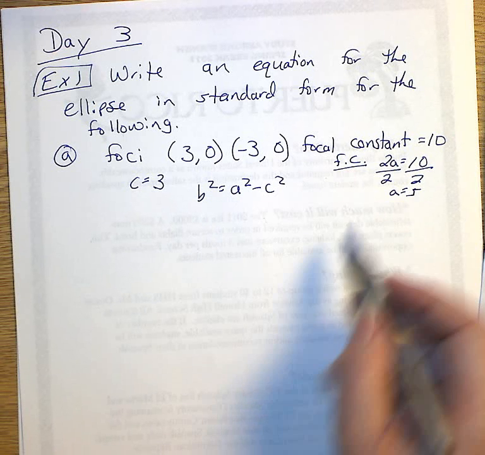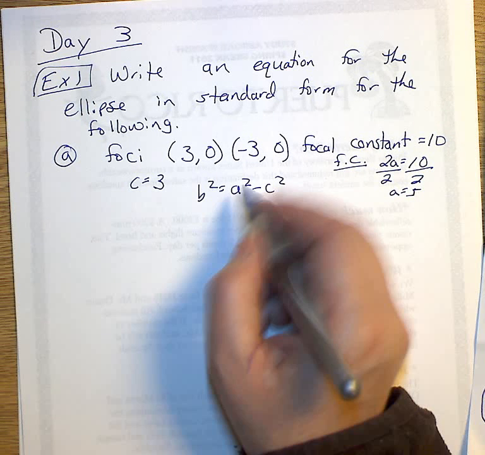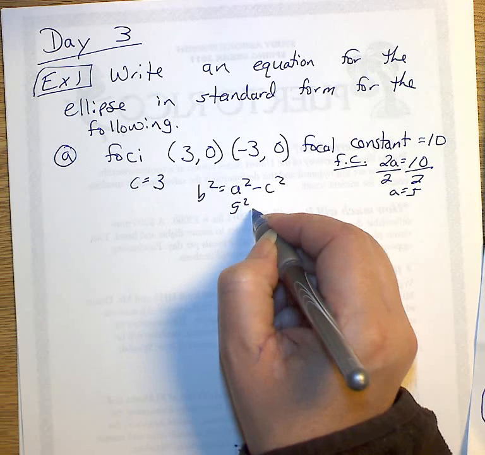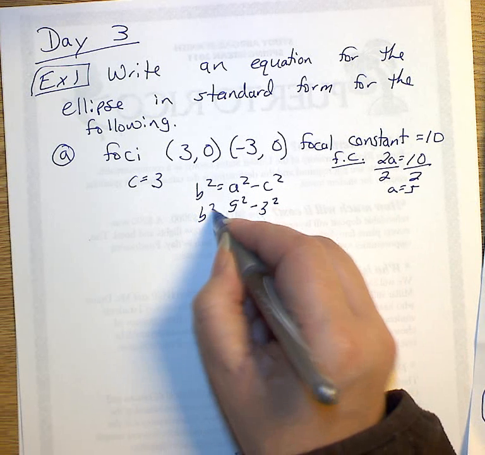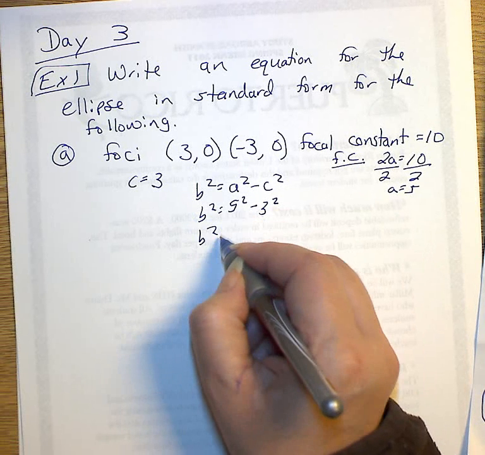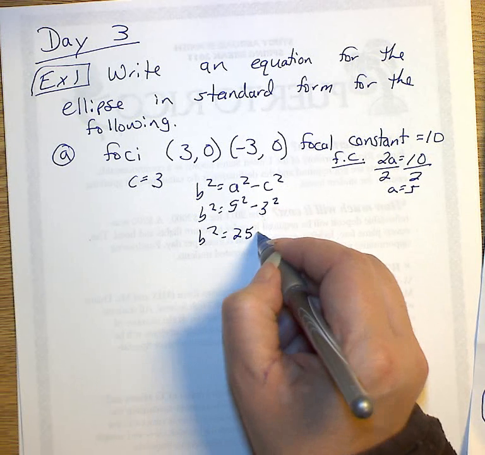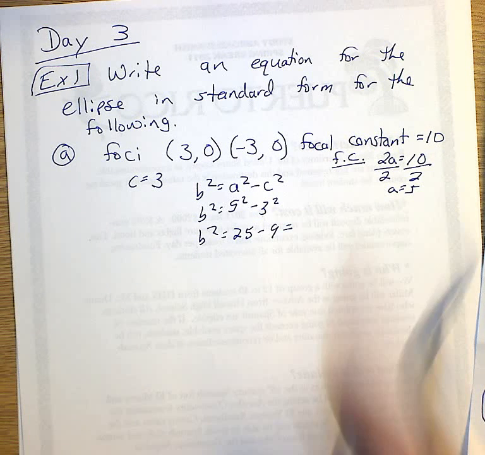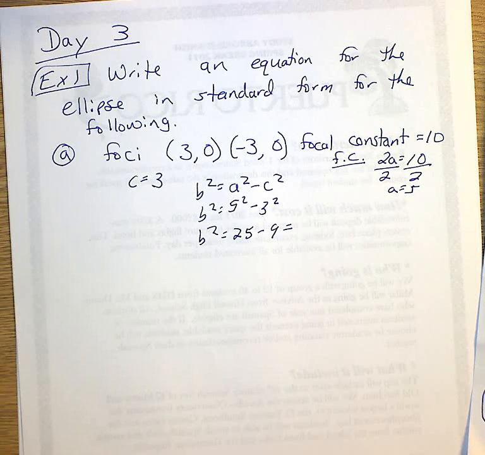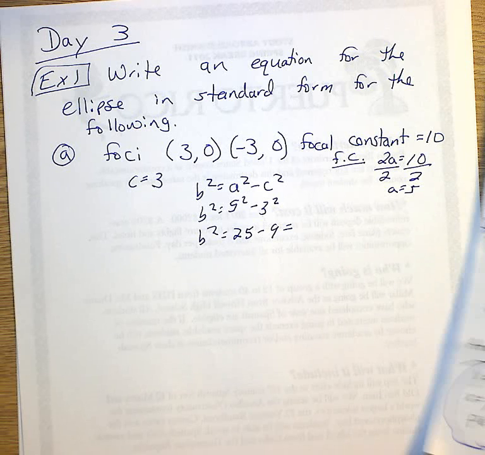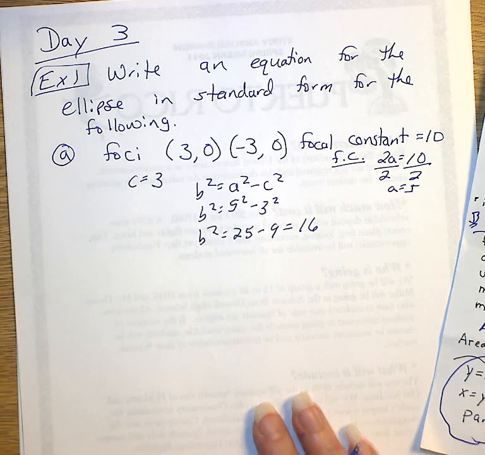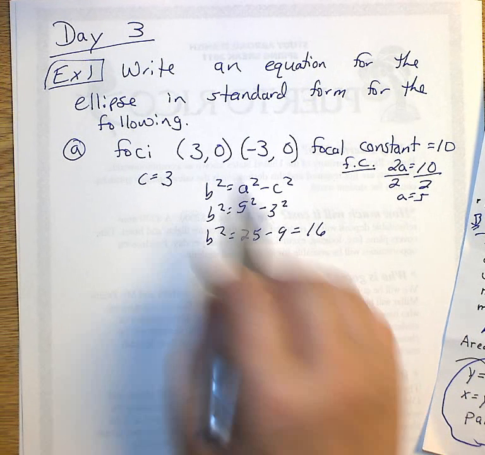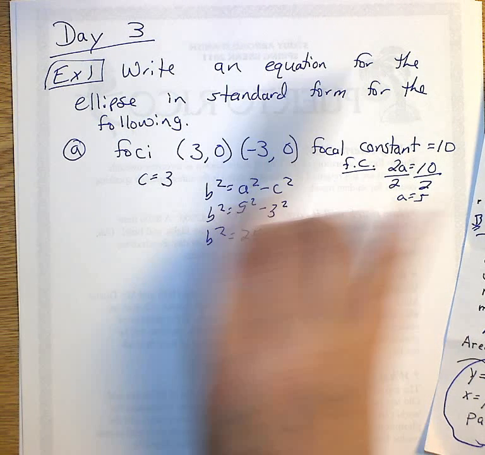A was 5, so we're going 5 squared minus 3 squared. B squared is equal to 25 minus 9, which equals 16.